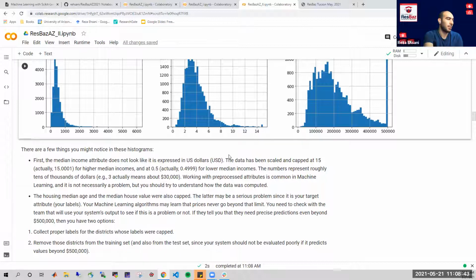First, the median income attribute doesn't look like it's expressed in US dollars. The data has been scaled and capped at 15, actually 15.0001, for higher median incomes and at 0.5, actually 0.4999, for lower median incomes, and the numbers represent roughly tens of thousands of dollars.